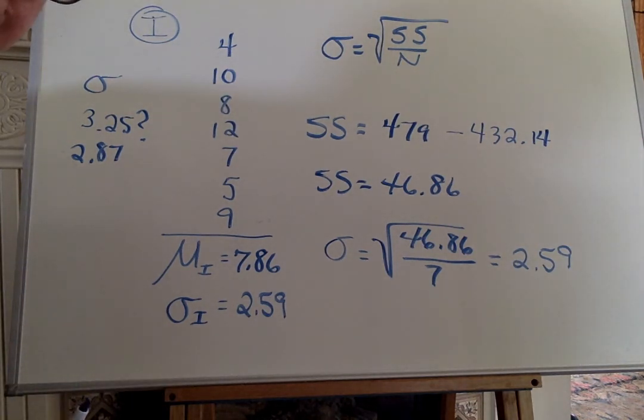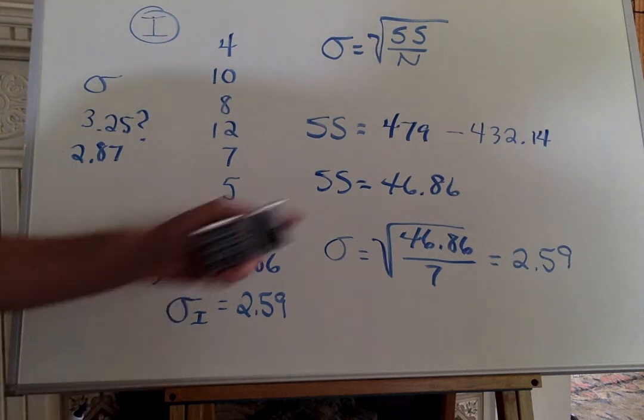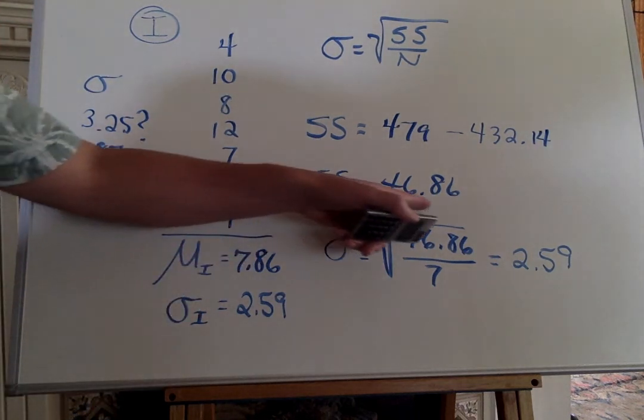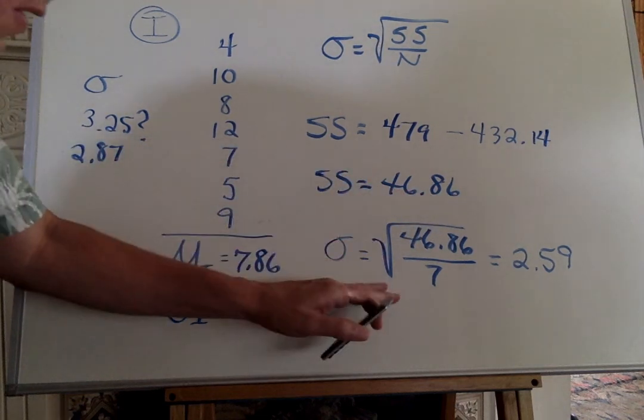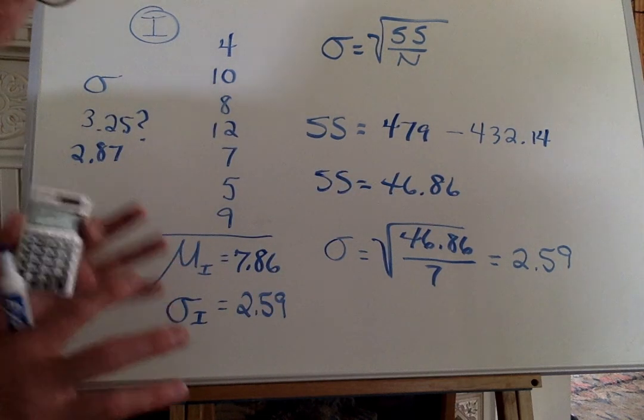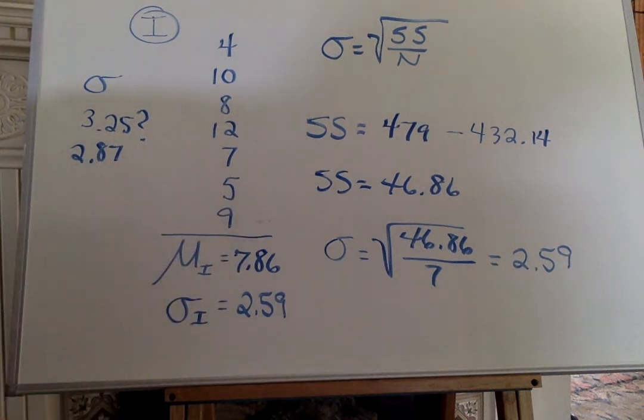Sum of squares is a measure of variability, but we can only compare different groups of the same size, so we really need to do this step to make it manageable as a descriptive statistic. Okay, so I think that we're going to end this video.